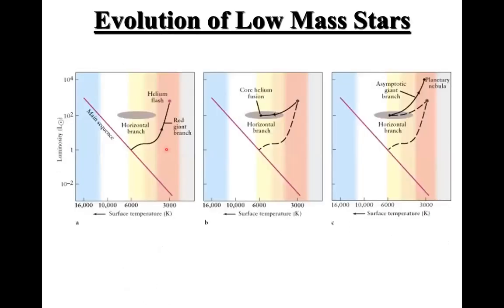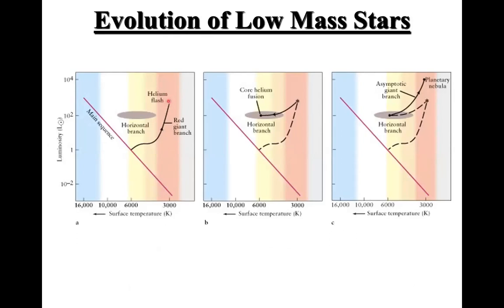And so, if I draw a chart diagram again, this is how it looks. Initially, the low mass star was in the main sequence, and then it goes out to the giant phase, and at the giant phase is where you have this helium flash.